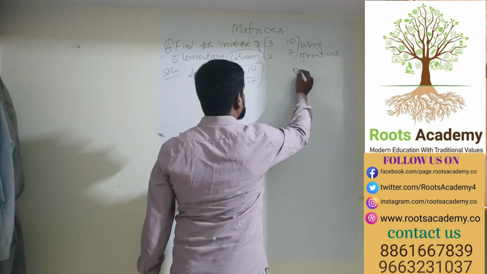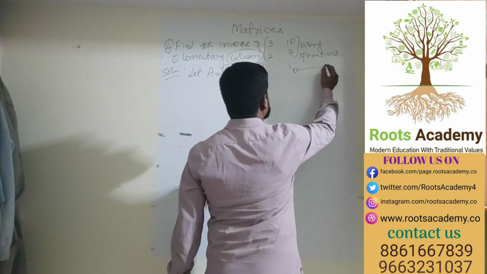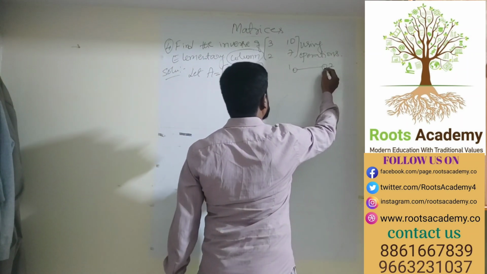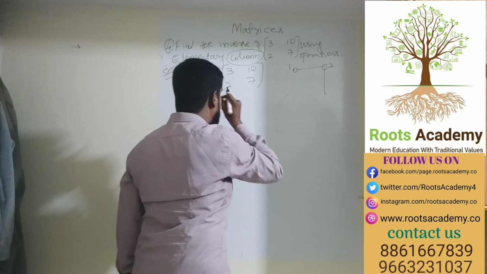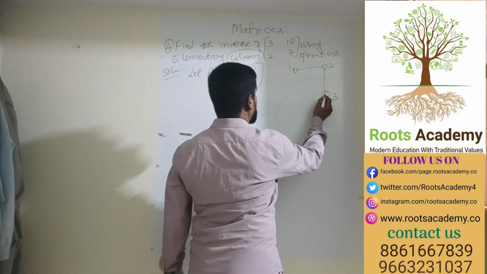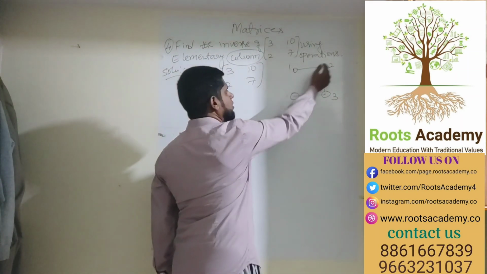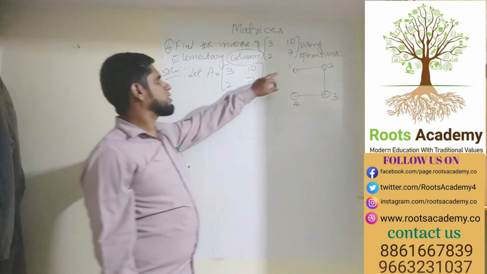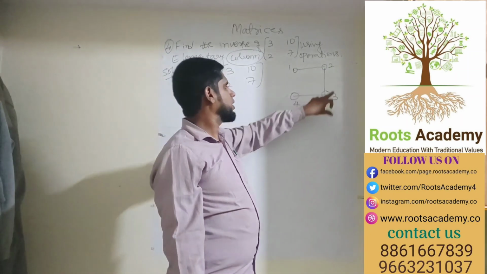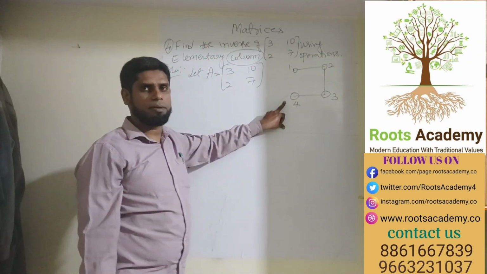First we change the first element of first row, then the first element of second column, the next is second element of second column, at the end second element of first column.